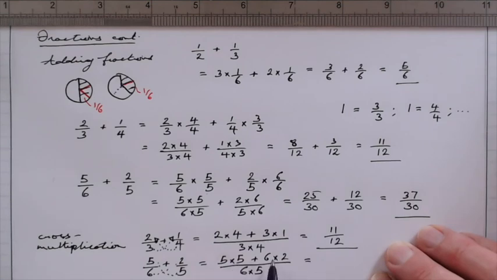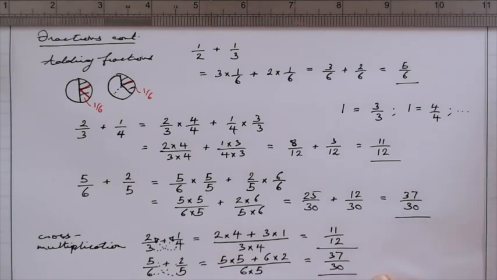And I have 25 plus 12, which is 37, divided by 6 times 5 is 30. And that gives us, of course, the same answer that we got before. So this cross multiplication method is a faster way to get to the answer, but it's really based on the ideas that we've talked about above.